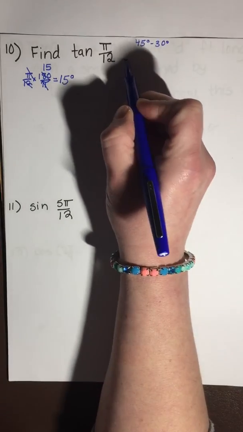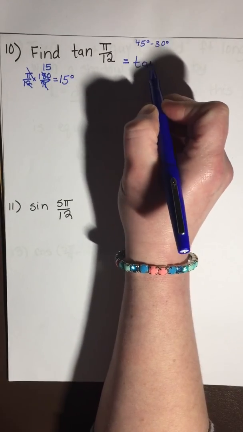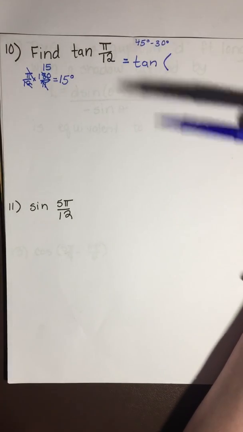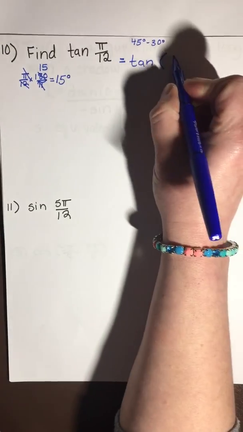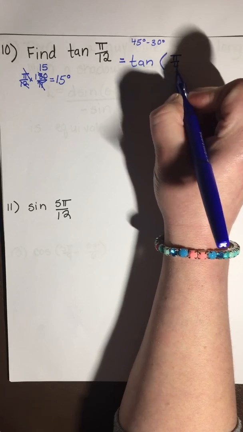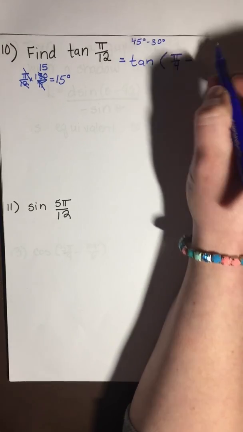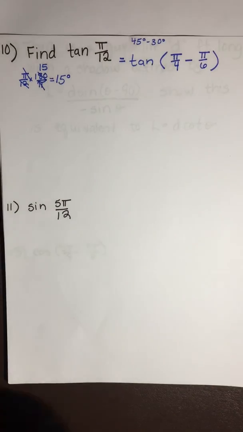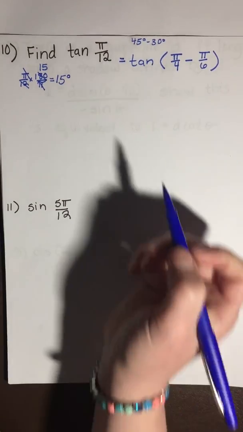So we just want to think of this as the tangent of, now we need to use our radians. So 45 degrees is how many radians? That'll be pi over 4. Minus 30 degrees, which is pi over 6. And we're going to use the formula for the tangent of differences.